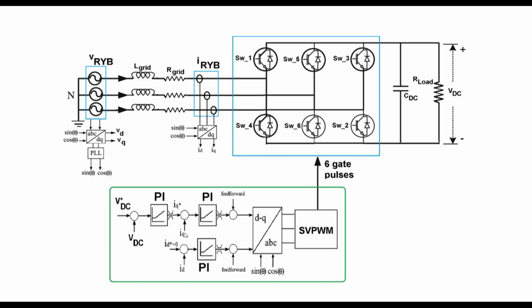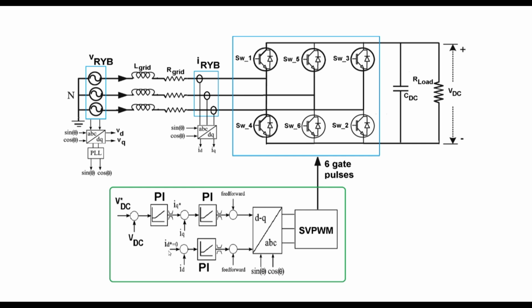We will subtract this one from the actual IQ, and again a PI block, and we will then adjust the feed forward terms or the cross reference terms. So this will give us the VD and VQ. So here we will get VQ, and likewise here we will get VD reference, that is to be transferred to DQ to ABC.